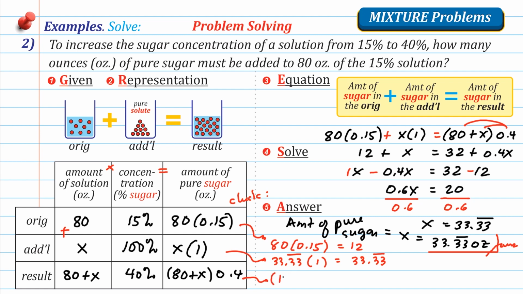It's 113.33 times 0.4, which is equal to 45.33. Now, adding these two, 12 plus 33.33 is 45.33. Both are in ounces. Ounces, they are equal. Therefore, the answer must be correct. We need to add 33.33 ounces of pure sugar.